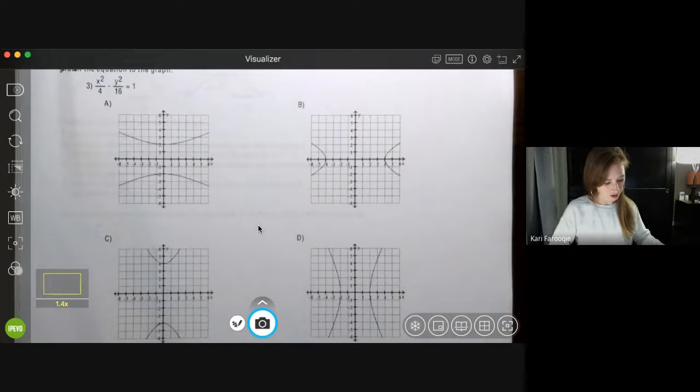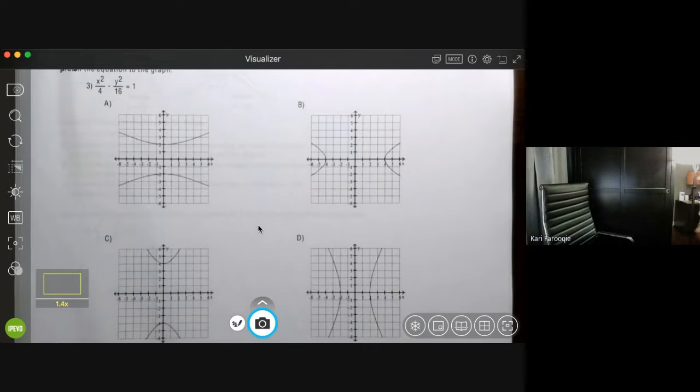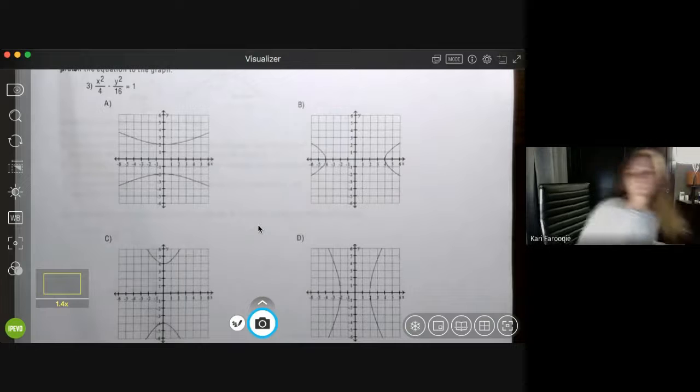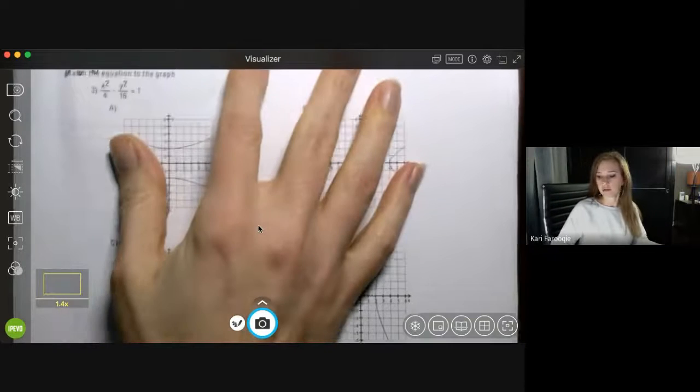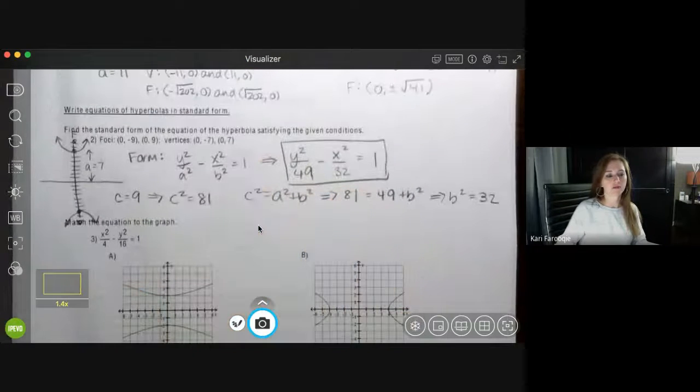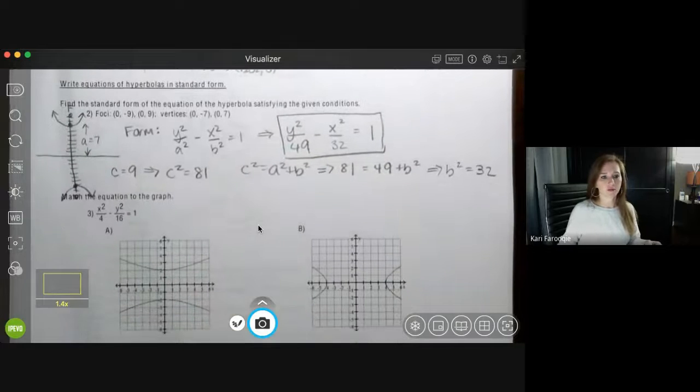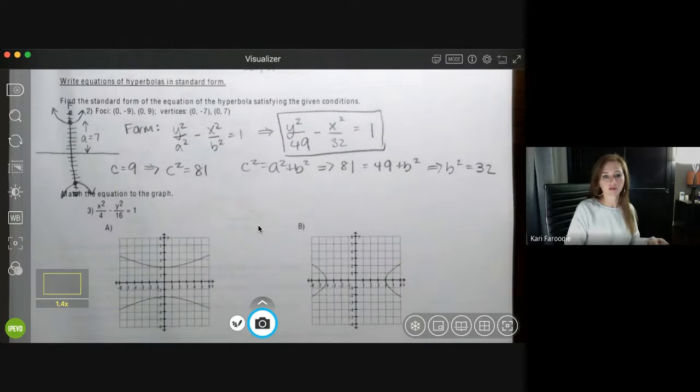Take a minute and figure out which graph has to go with this particular equation. Is that good, Michael? Okay, no problem.